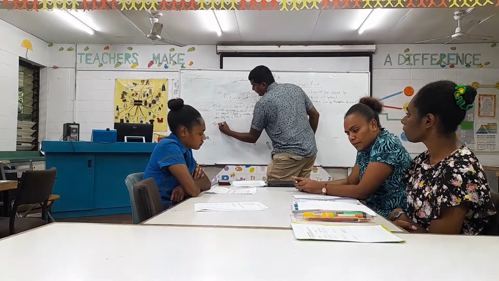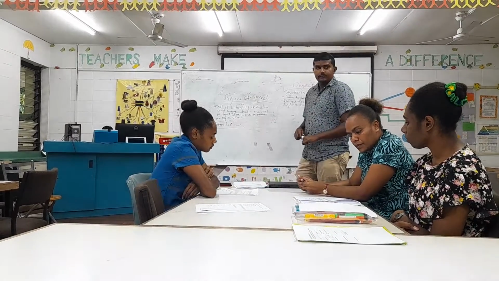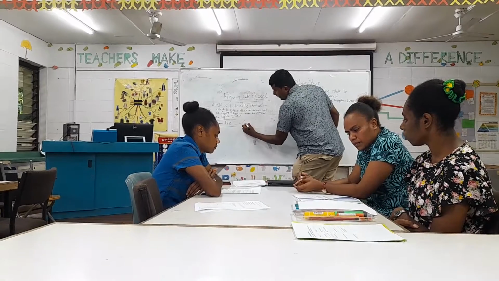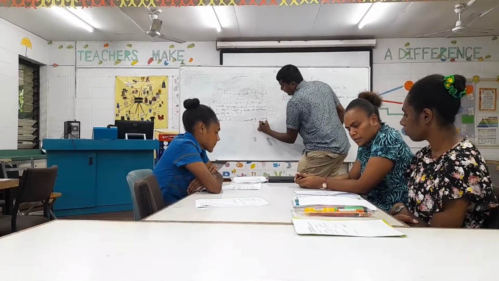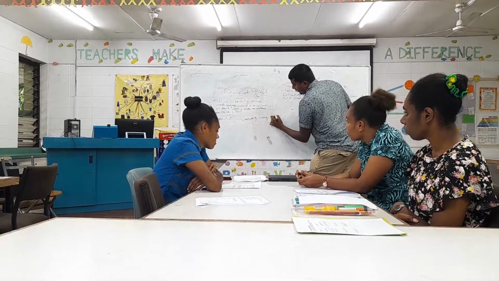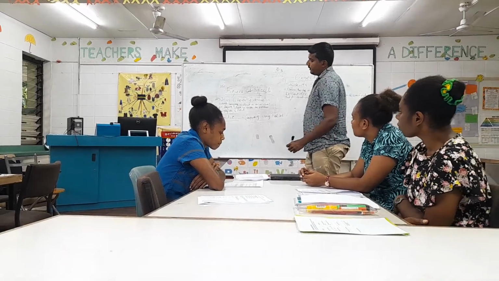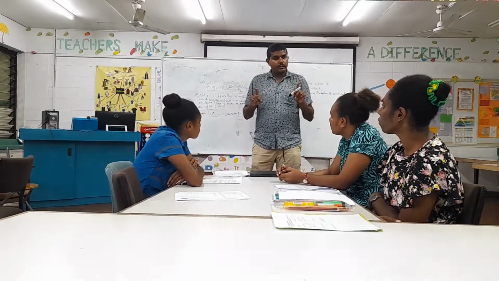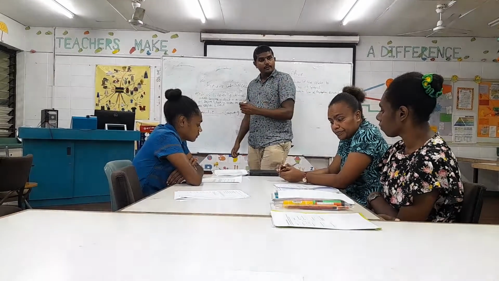Okay, so we'll talk about simile. What do you know about simile? It uses words such as like, comparison, right? You're comparing two dissimilar things using like and as. An example you can come up with?